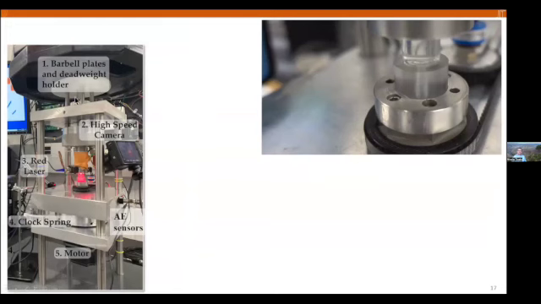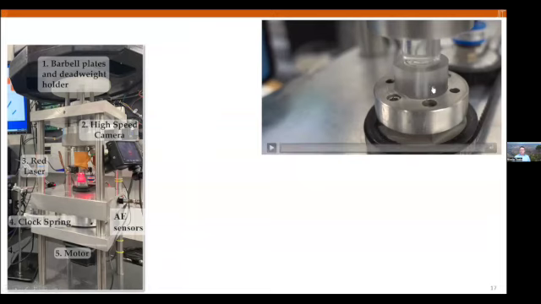So on the top of the machine, we have barbell plates and a dead weight holder. We fundamentally load the fault by loading weights on top of the machine itself, transferring the stress through these linear bearings, which are mounted here.